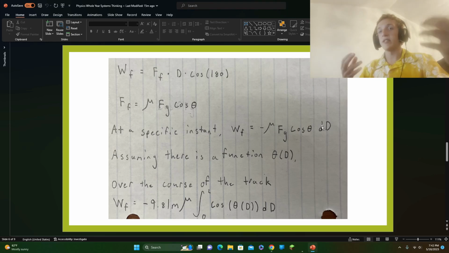And because that's an instant, that distance is going to be infinitely small, which we can apply calculus to and just call that small d distance.